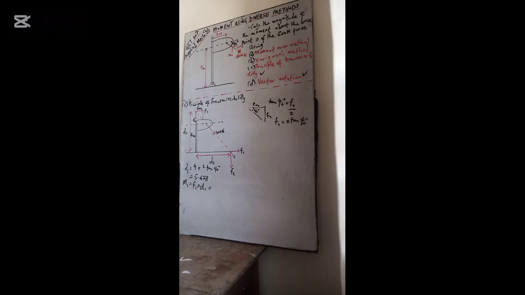And what is F1? Our F1 is 459.6 multiplied by 5.678. So you have 2609.6, which is approximately 2610 Newton meter. So that is for M1.